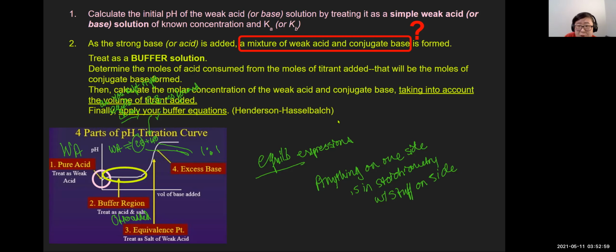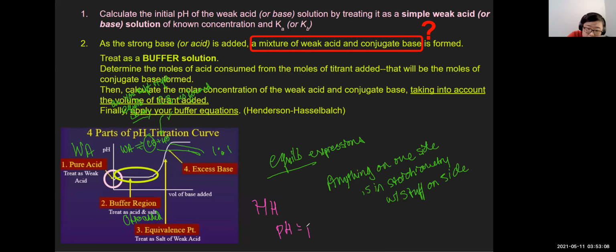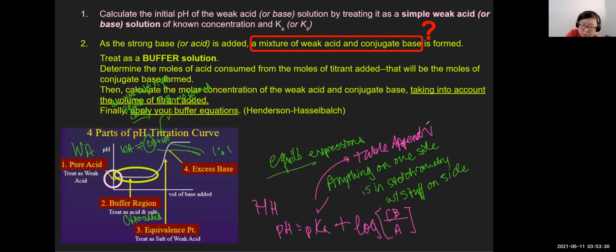And then finally, we can use Henderson-Hasselbalch. The HH expression was pH equals pKa plus log of [conjugate base] over [acid]. What we need: we have the pKa, which is from a table in the appendix, so you should have that at hand if they don't give it to you.